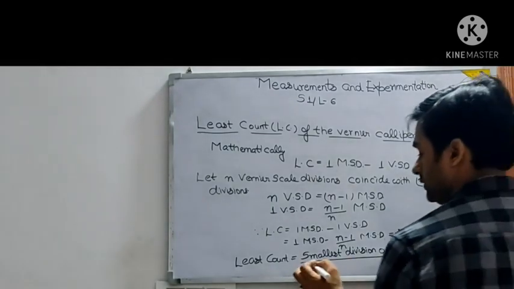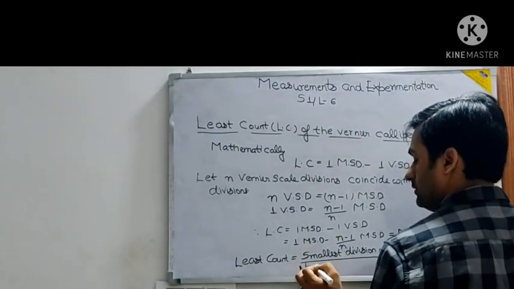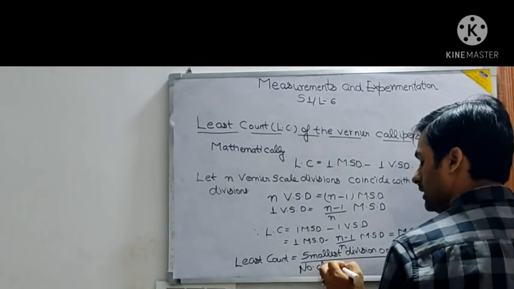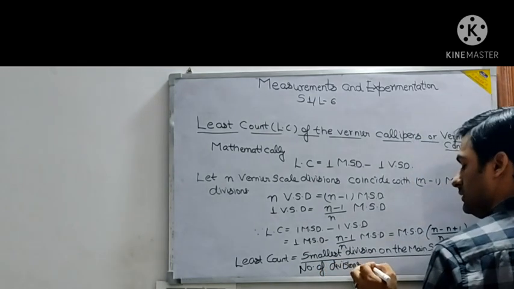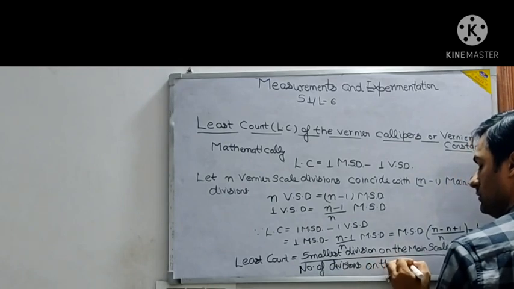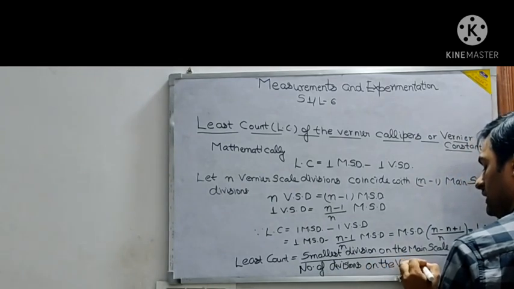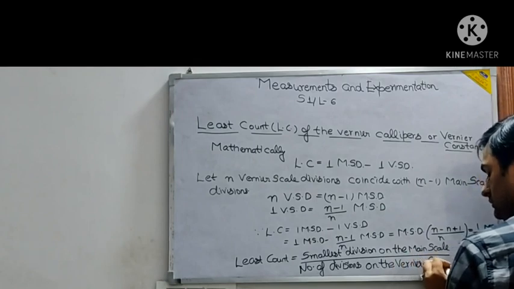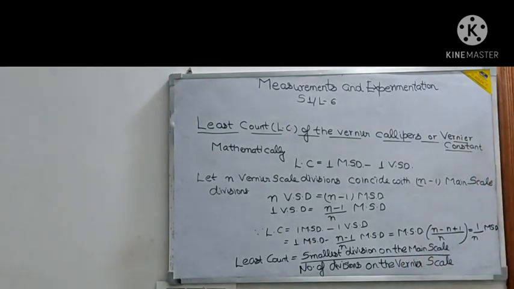So least count equals smallest division on the main scale divided by the number of divisions on the vernier scale.